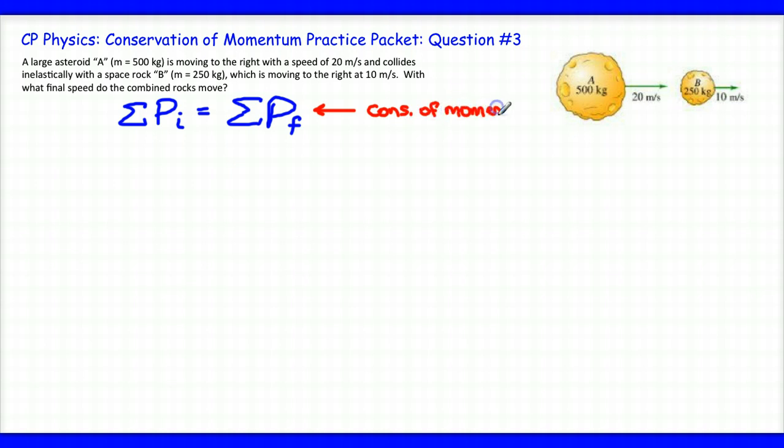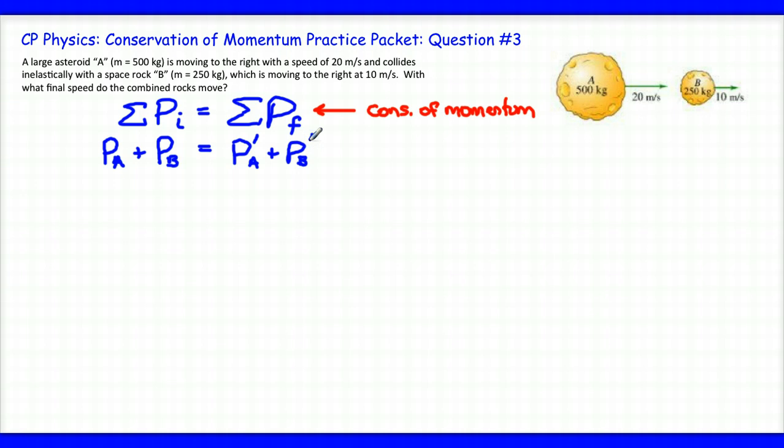And we'll basically continue this by looking at each specific piece in the system. We've got space rock A, asteroid A, which I'll call P sub A, the momentum of that asteroid, and P sub B, the momentum of the space rock, the smaller one labeled as B. And when they hit and stick together inelastically, the sum of the momenta after the collision is going to be PA prime plus PB prime.